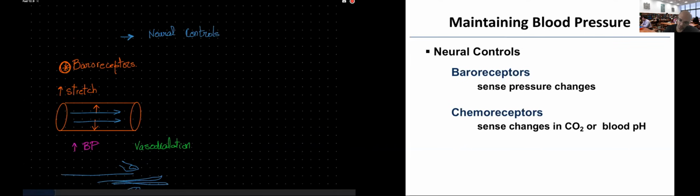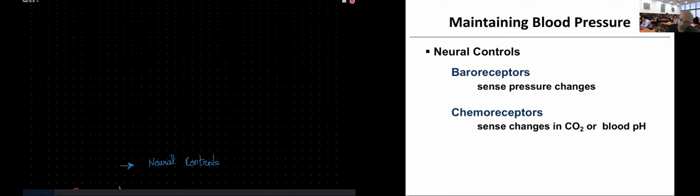And what did we learn? Remember, mean arterial pressure is going to be determined by what? It's going to be determined by blood flow, which is going to be the cardiac output, and the total peripheral resistance. So remember, when you constrict, what happens to the resistance?